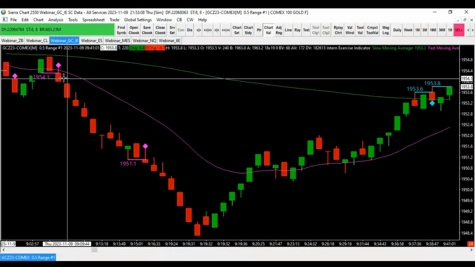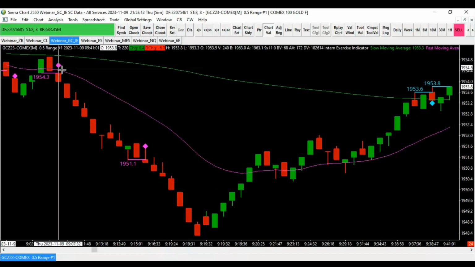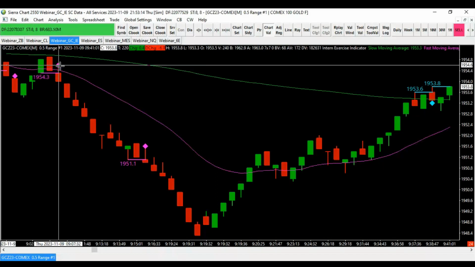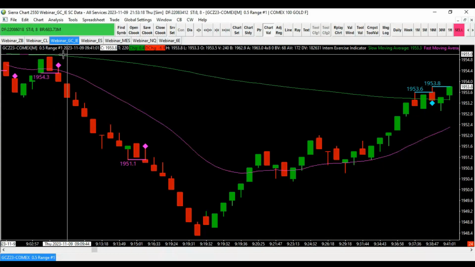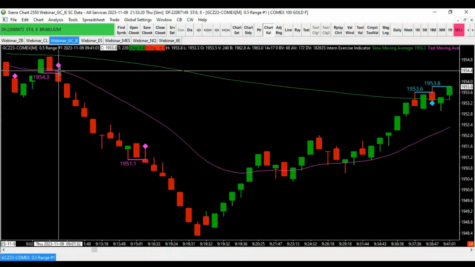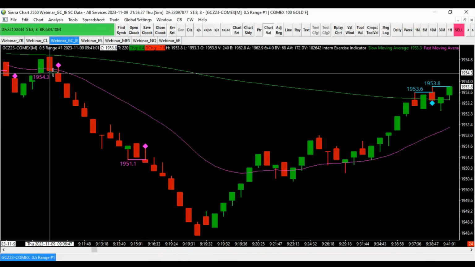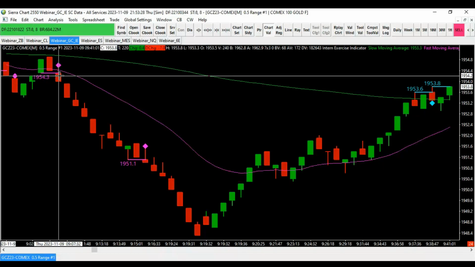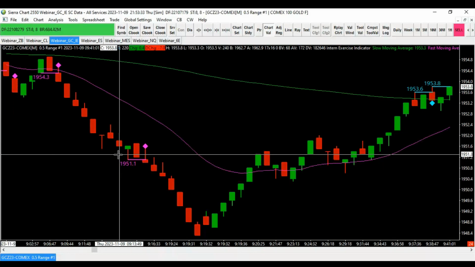It draws a line across there, and it then plots this diamond shape on the bar that breaks that level. As I said, it's a breakout trade, so we're looking for it to break that particular level. So you would set your limit order there, and in this case it worked out pretty well.